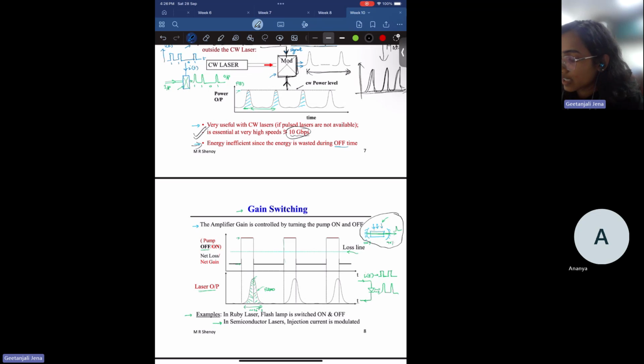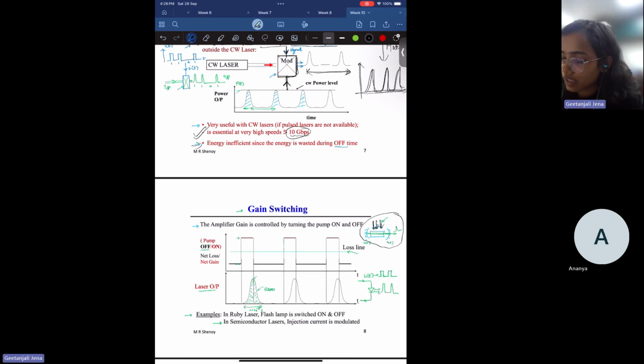It's a cavity with a feedback system with a pump. Now if you modulate this pump, that is, if you switch the pump on and off, then according to that you can get a pulse laser output through this cavity.